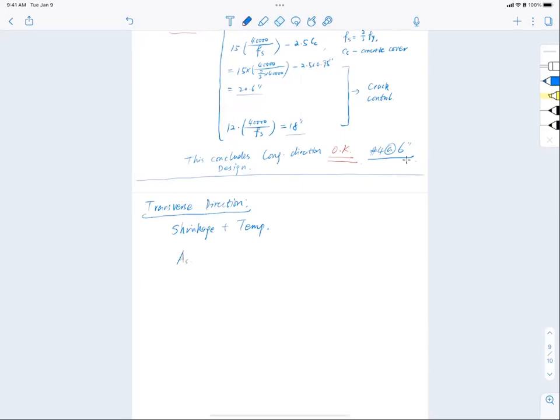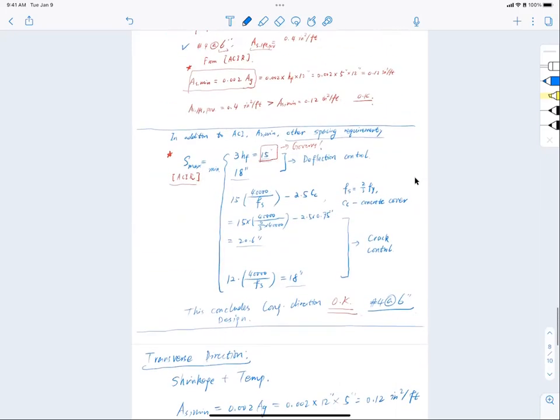For shrinkage and temperature, let me try the As min first. As min, minimum reinforcement, is the same as before, and that is 0.002 times Ag, which is the cross section area. That is 0.002 multiplied by 12 inches, the width, and then height 5 inches, so 0.12 inch squared per foot.